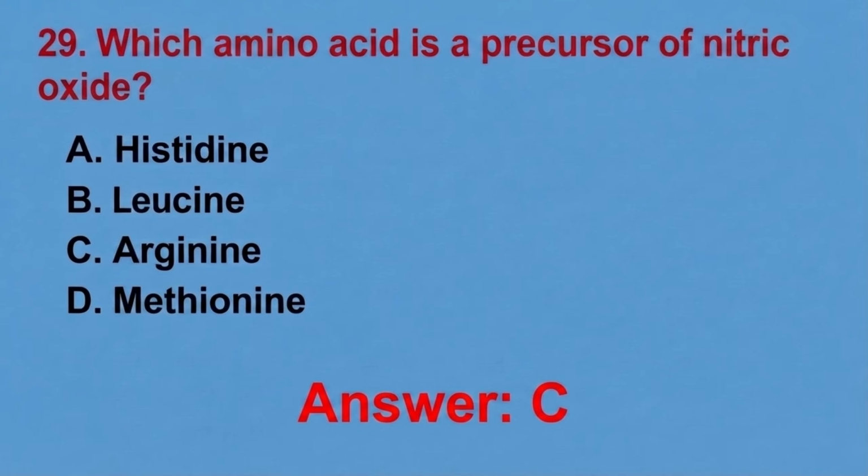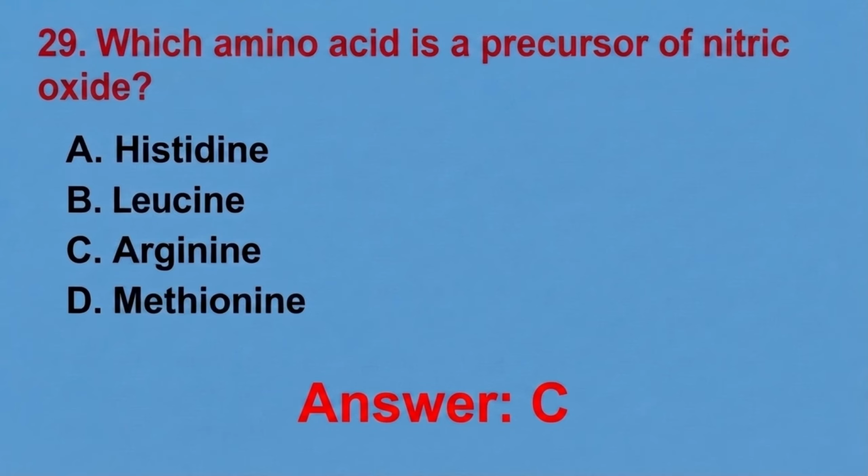So why are the other options not correct? Let's start with option A, histidine. Histidine is the precursor of histamine, not nitric oxide. Why is option B not correct? Leucine is an essential branched chain amino acid mainly involved in muscle protein synthesis.